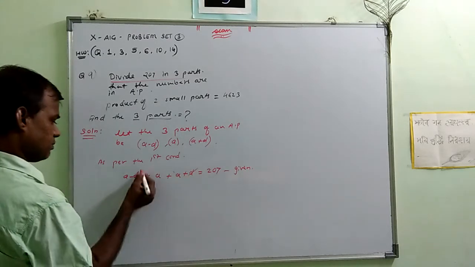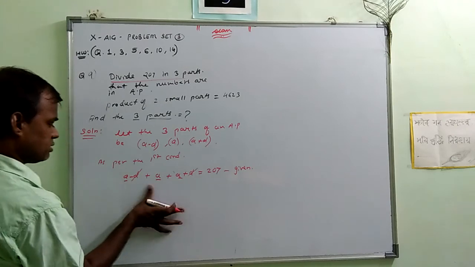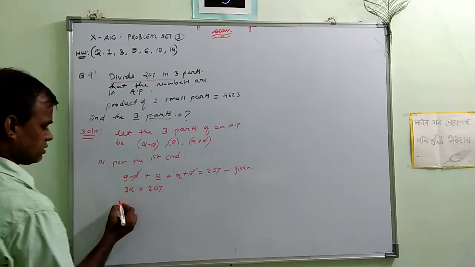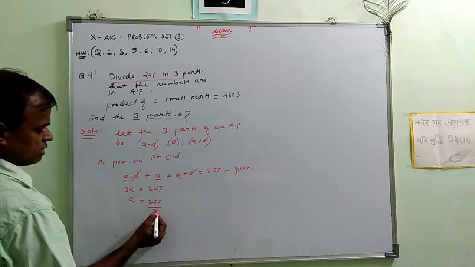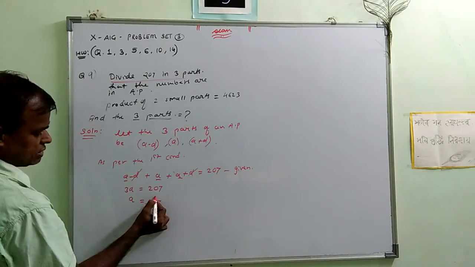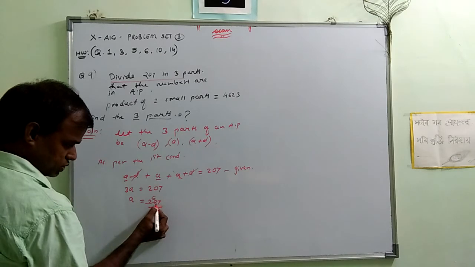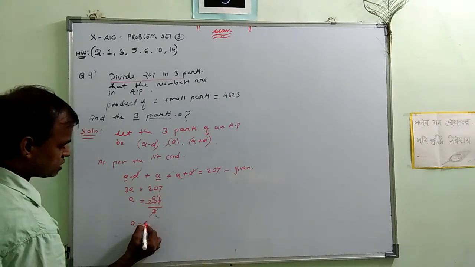So plus D minus D get cancelled. 3A equals to 207. A equals to 207 upon 3. 3 ones are 3, 3 sixes are 18, 3 nines are 27. So we get A equals to 69.